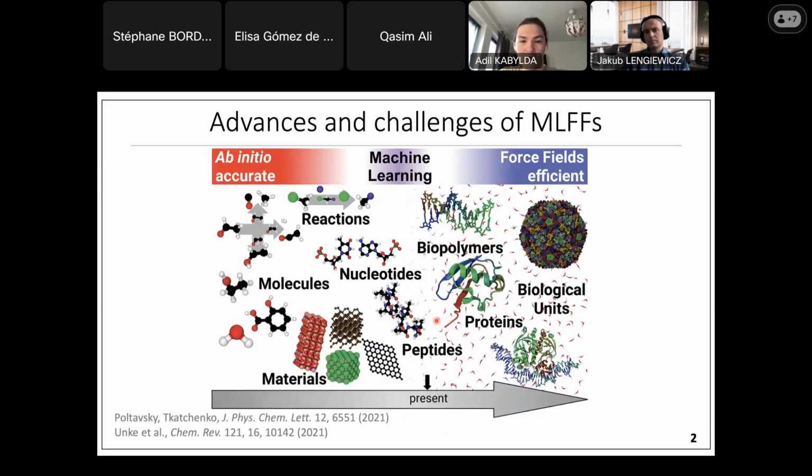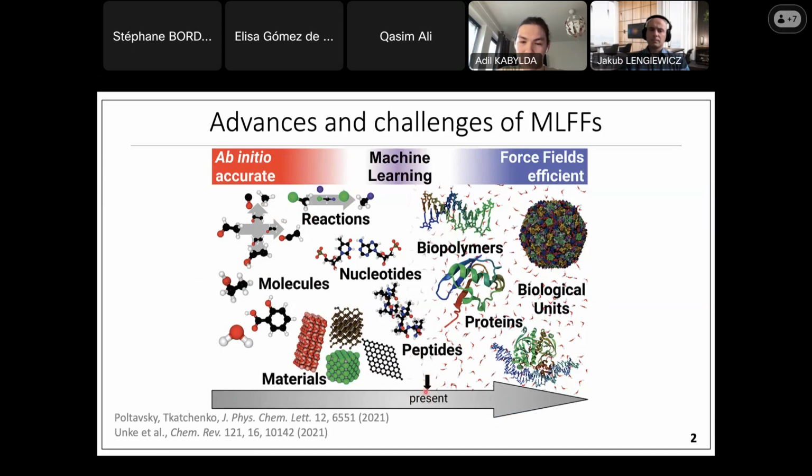This was the state of the art of machine learning force fields at the time I started my PhD in 2021. People could already model simple molecules, periodic materials, reactions, nucleotides, and some small peptides.